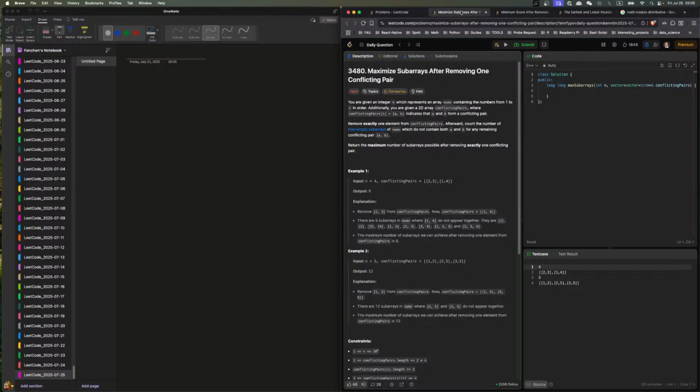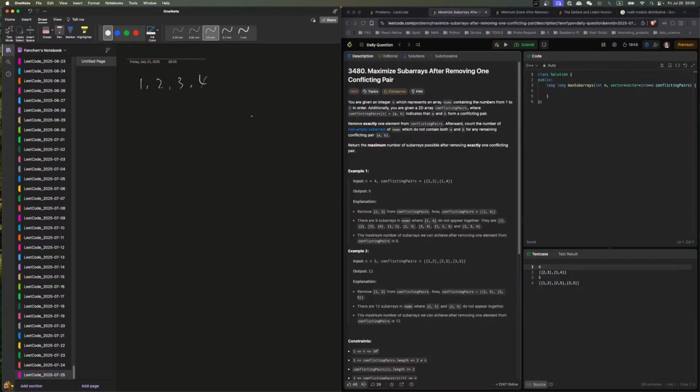So we want to remove one conflicting pair, and find the number of subarrays which do not contain both A and B for any remaining conflicting pair. So n equals 4 we start with. We have 1, 2, 3, 4.